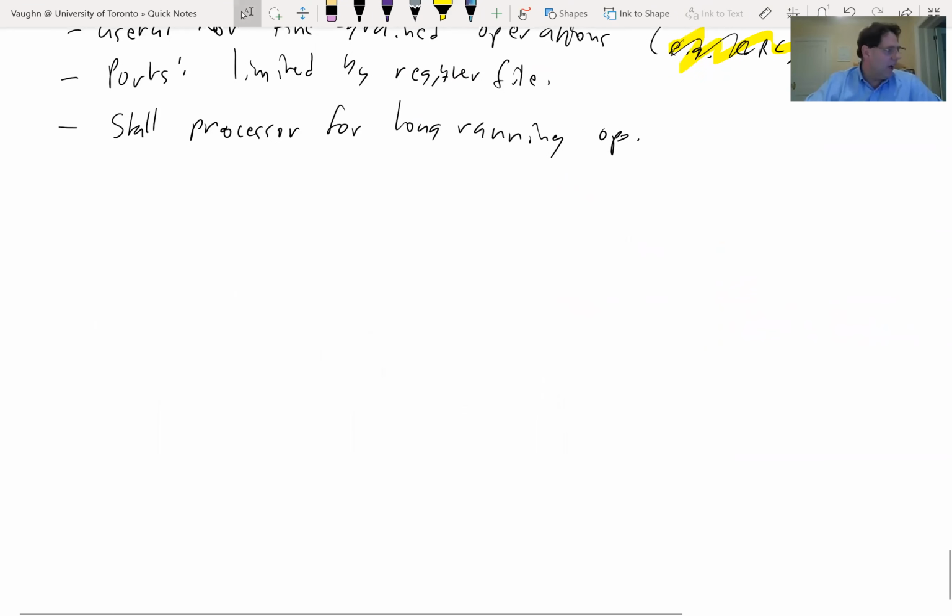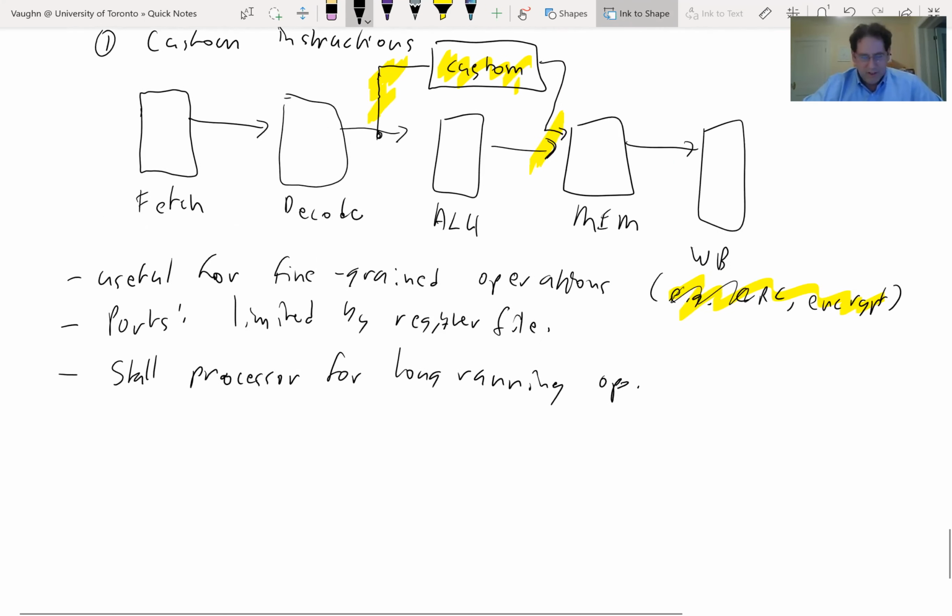So the solution to basically make a higher performance augmented processor is to decouple things. So when you don't take your data from the register file, in theory, I guess you could still have a custom instruction that connected you to some block RAMs or off-chip memory or something else.